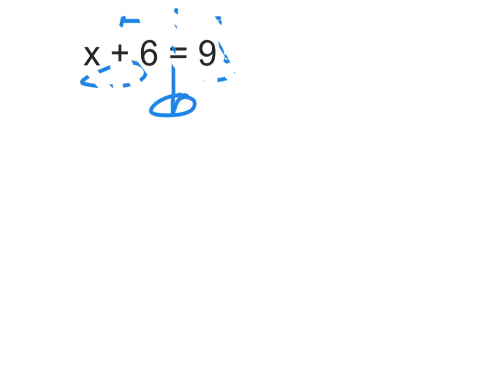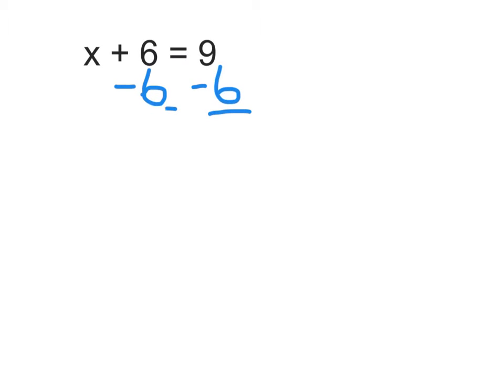Alright, so same thing. Let me see if I can get rid of that scale here. So if you remember yesterday, to solve this problem, what I had to do was eat some M&Ms. If I got rid of 6 M&Ms on that side, I also had to eat 6 M&Ms on the other side of my scale to keep everything in balance.